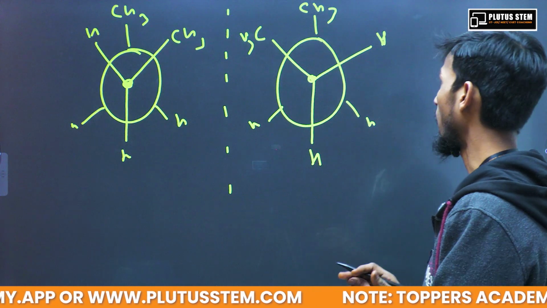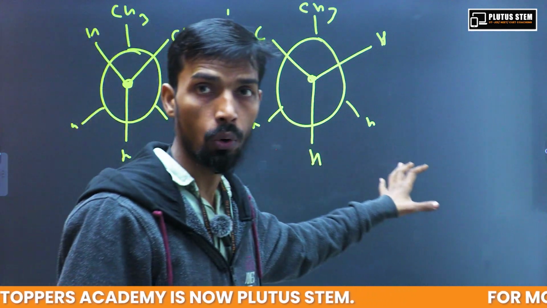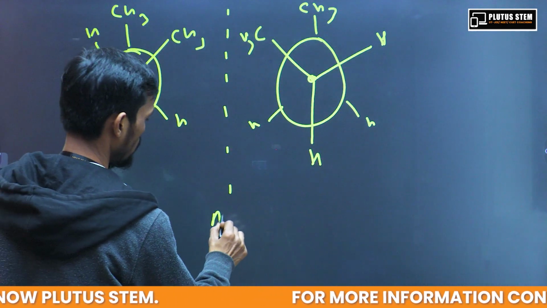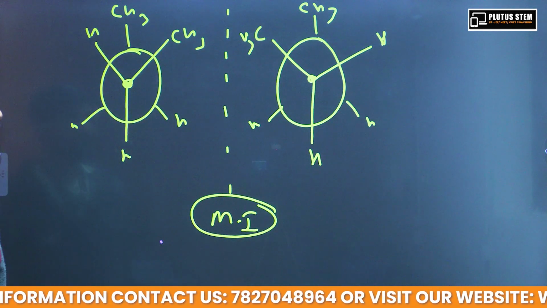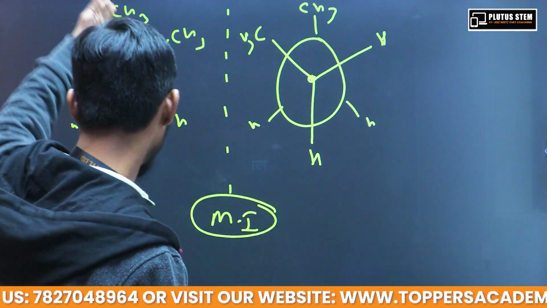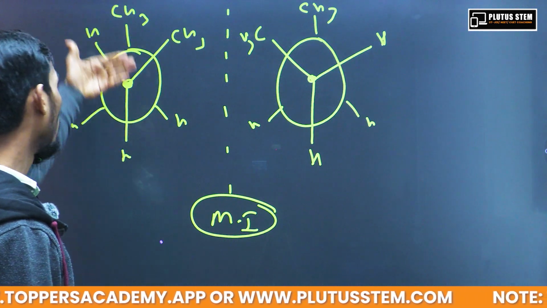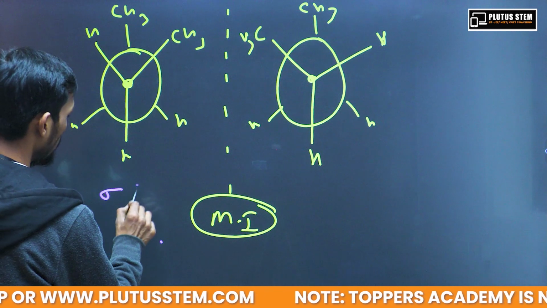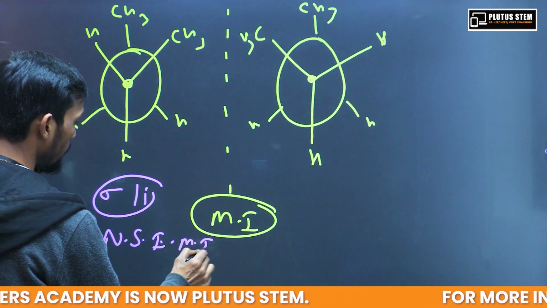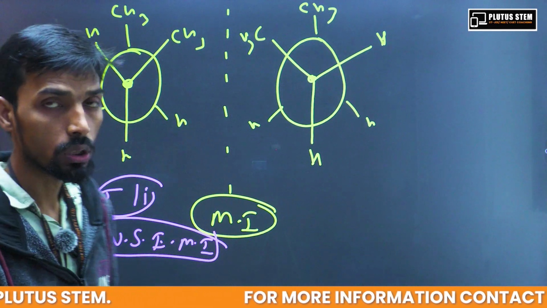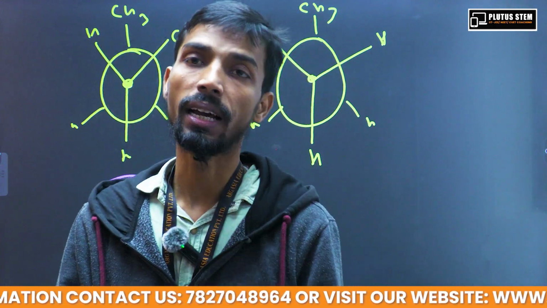Like this. If you visualize this compound, this is a mirror image of that compound. These two are mirror images of each other. But there is no sigma plane, which means we cannot bisect this compound by any sigma plane, which means this compound is a non-superimposable mirror image. And I told you in the previous video that compounds which are non-superimposable mirror images of each other are termed enantiomers.